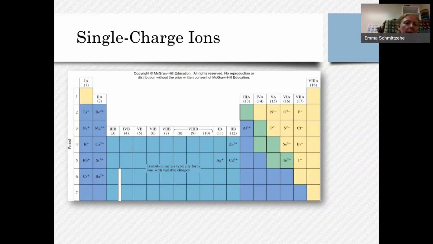Like the first column, group one, those all form a +1, right? And then you look at the group two ones, those all form a +2, okay? And those are all only one charge. There's no multi-charge ions in group one or group two, okay?